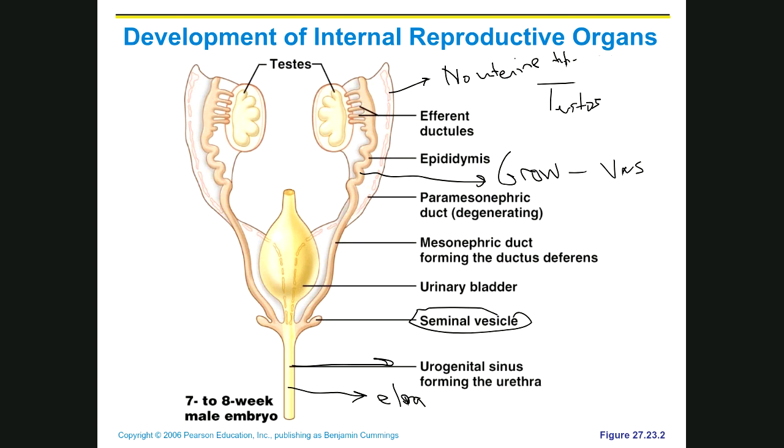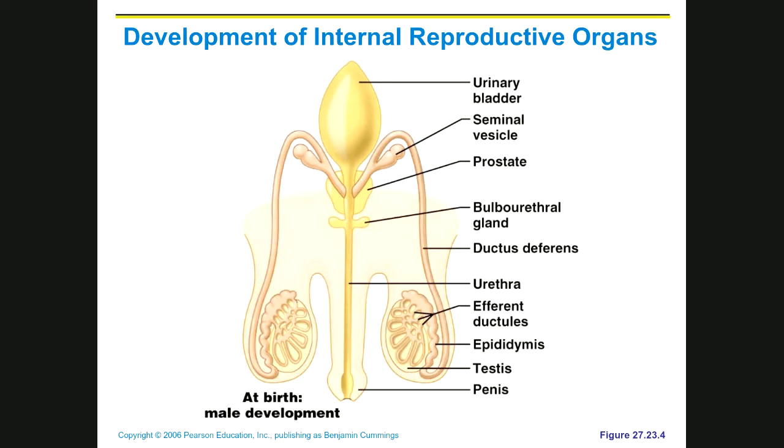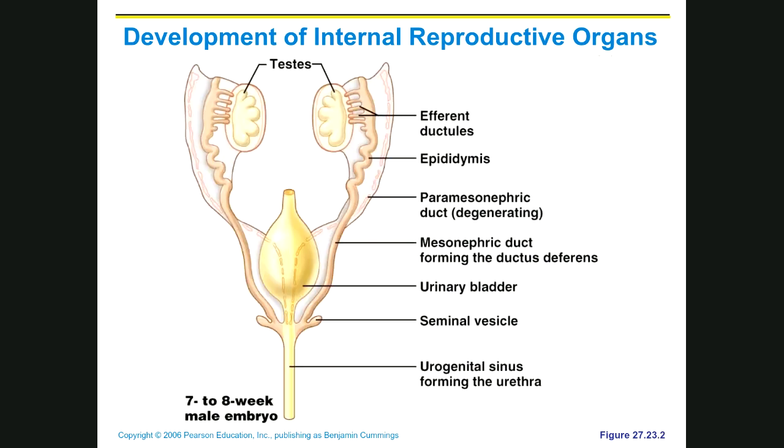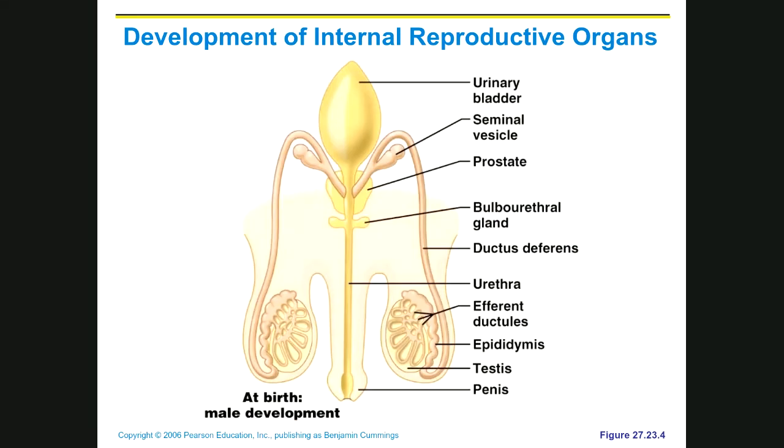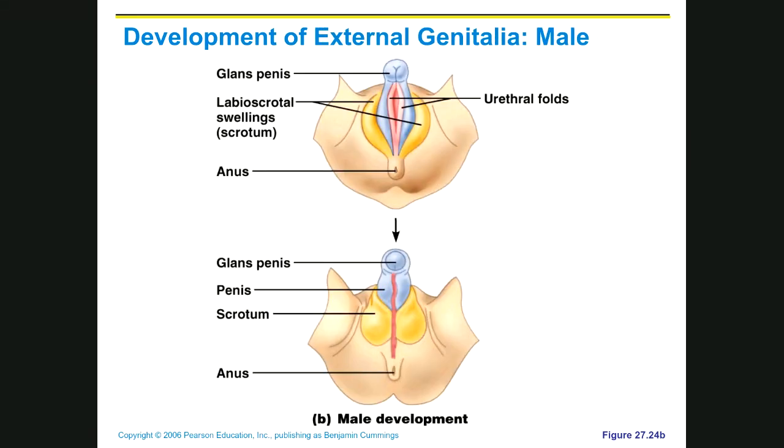If we look externally, this is what's going to happen. Oh, here's internally again. And so look, that's what it's going to look like at birth. So we're going to go from this to this. If we look externally, remember this is what we looked like before. We didn't know what that was going to become. Well, look, it becomes a glans penis.